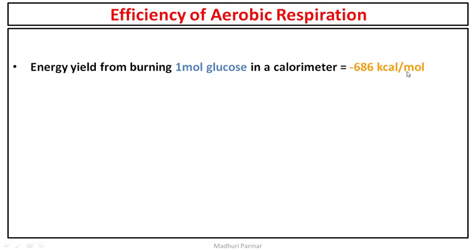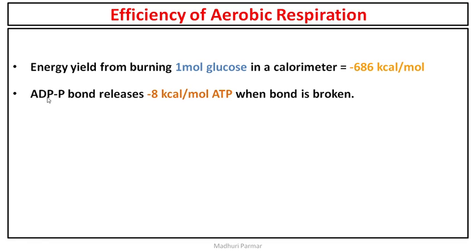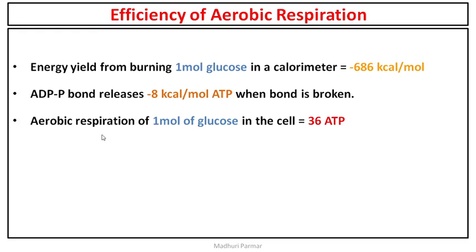Fine, so 686 kilocalories. Now I had also told you that when the bond between ADP and phosphate breaks, it releases minus 8 kilocalories per mole of ATP. Clear? Now aerobic respiration of 1 mole of glucose is giving you 36 ATP. We have just seen it now, right?